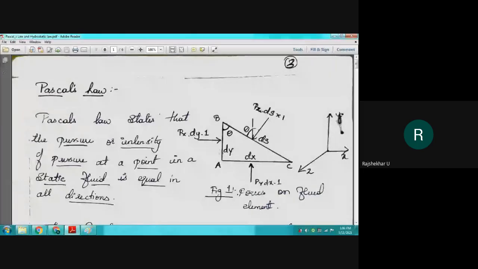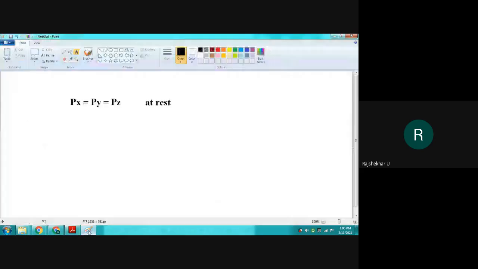Now you can see that there is the AC side, and there is one more side which is perpendicular, which you cannot see. Correct? If I talk about the entire face, let me draw it.